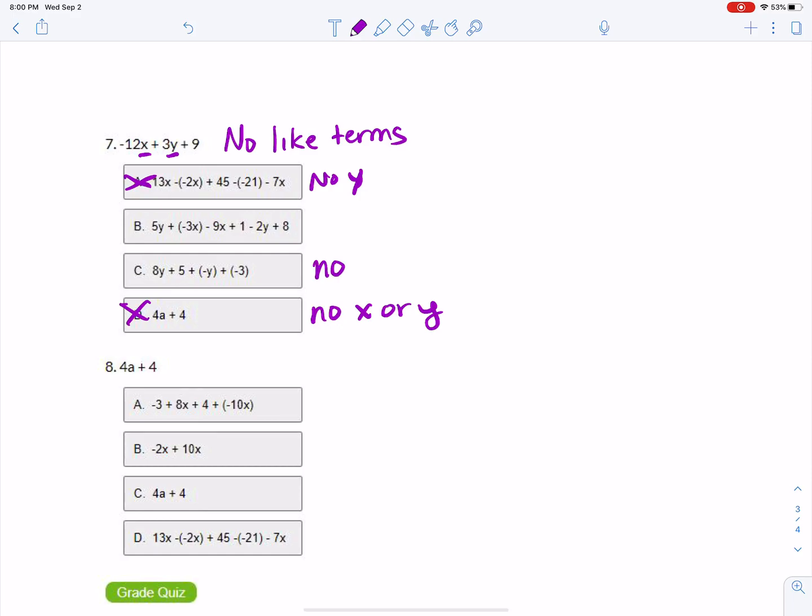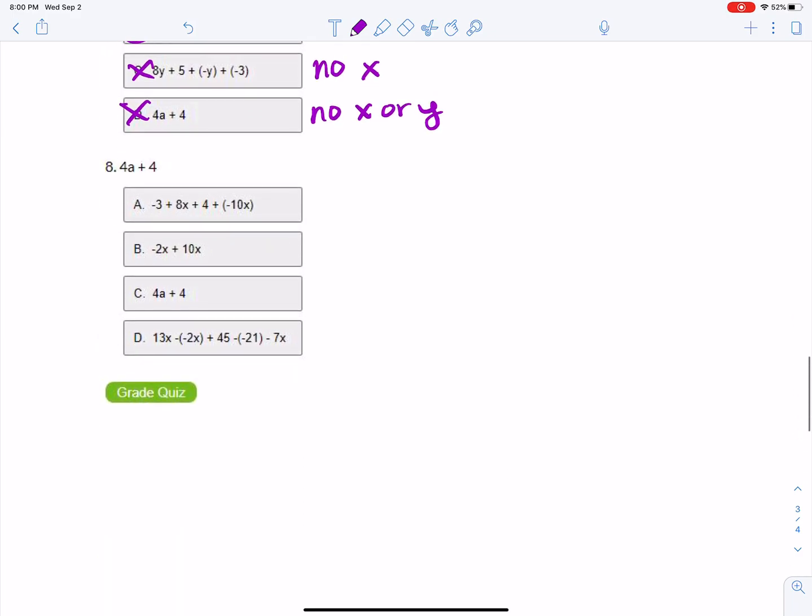This one has no x. So this one isn't it. So by using good test-taking strategies, we can figure it out. Well, this is an A. Well, this is an X, so that's not it. This is an X. No A. Makes that one easy.